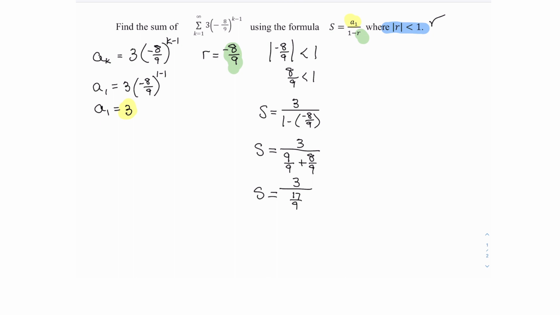And when I take a value and divide it by a fraction, I multiply by the reciprocal. So s is equal to 3 over 1 times, excuse me, sorry about that, it's 3 over 1 times 9 over 17, and I get a sum of 27/17.